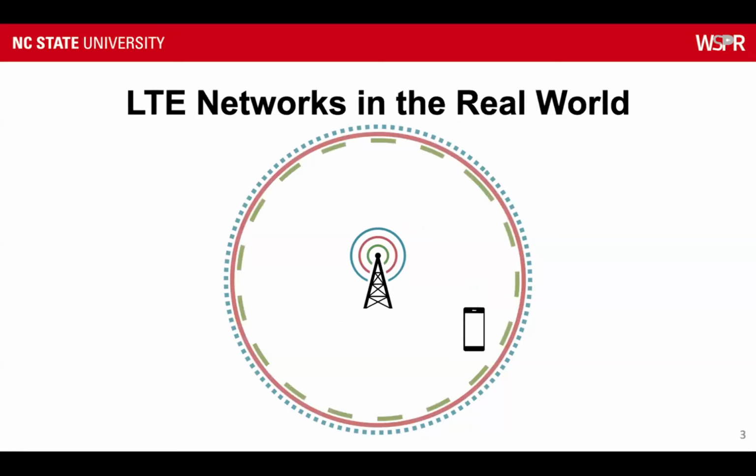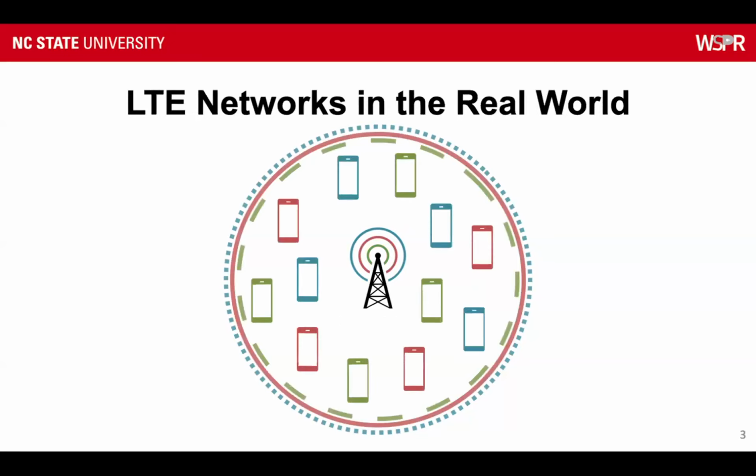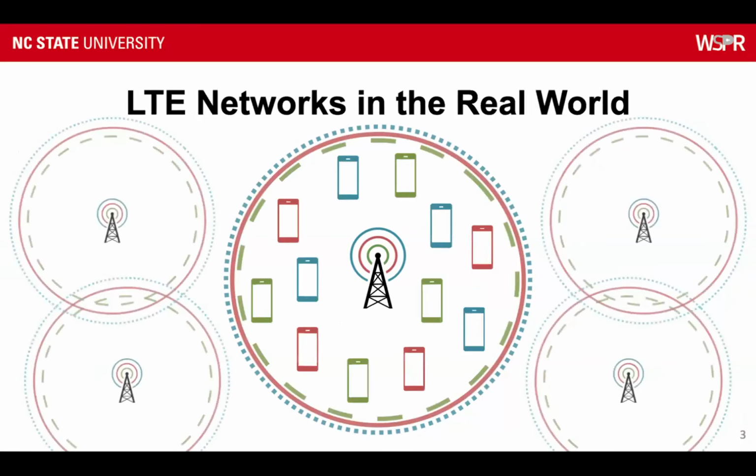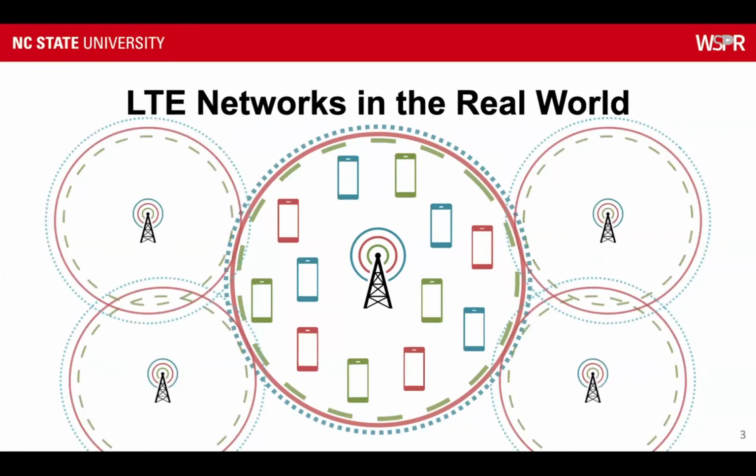Each of these networks are going to service hundreds or even thousands of devices. And to prevent your call from dropping as you transition from service areas, you're going to have multiple towers for each of these networks that have overlapping coverage, so your call doesn't drop as you move through free space.